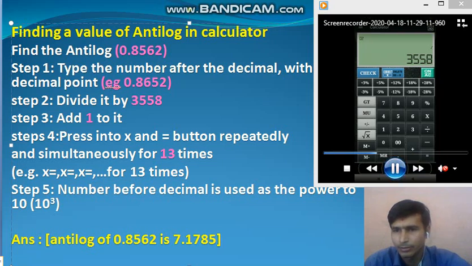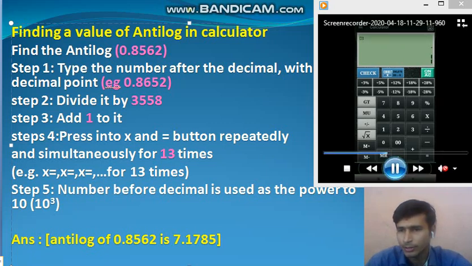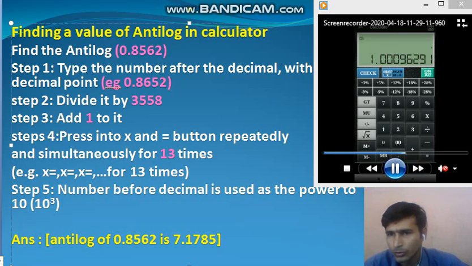So we add plus 1 to the number. Step number 4, press the multiply and equal button 13 times, right? 1, 2, 3, 4, 5, 6, 7, 8, 9, 10, 11, 12, 13.